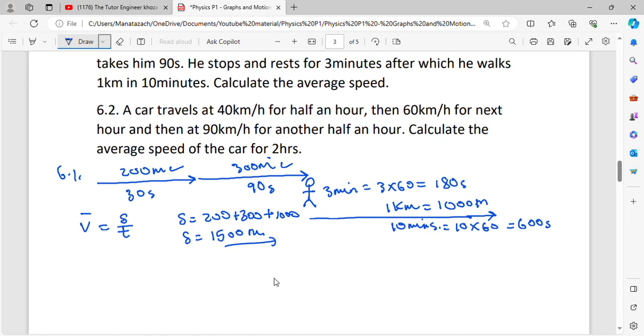And then likewise, the total time is 30 plus 90 plus 180 plus 600. So what would that give us?